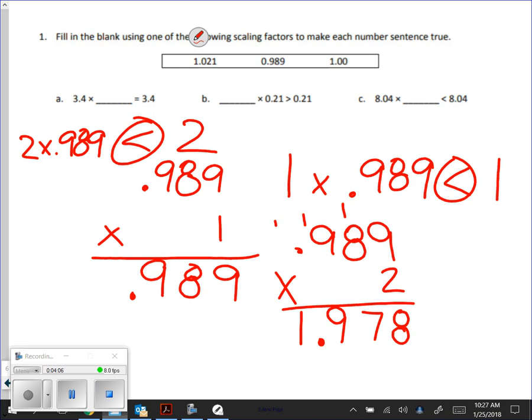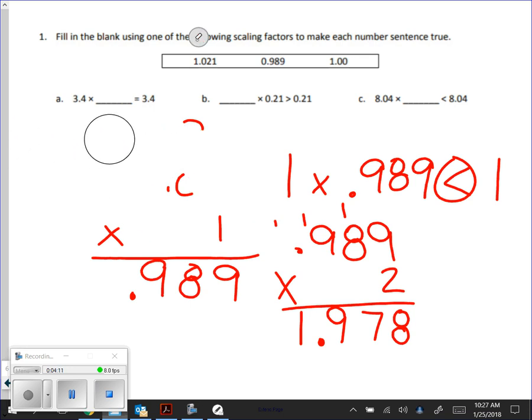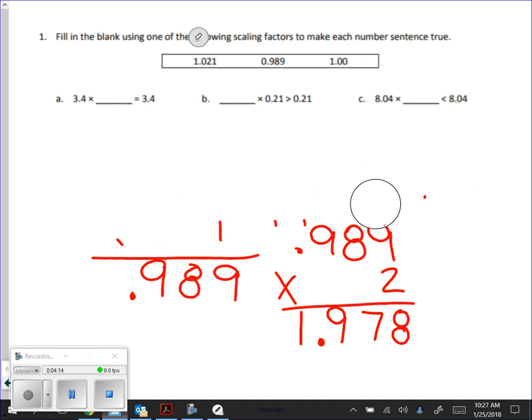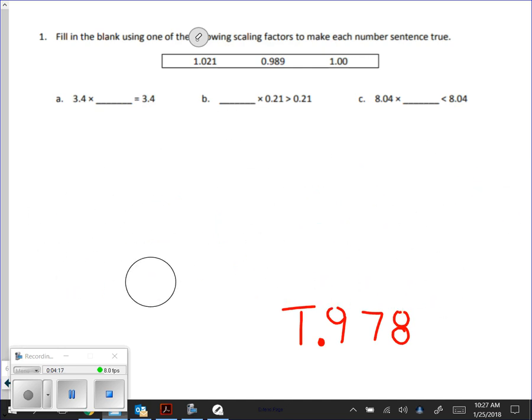So, if I'm looking at these numbers right here, my A, B, and C, and the numbers in this number bank, I have 3 and 4/10 times something is equal to 3 and 4/10. Something times 21/100 is greater than 21/100. 8 and 4/100 times something is less than 8 and 4/100.